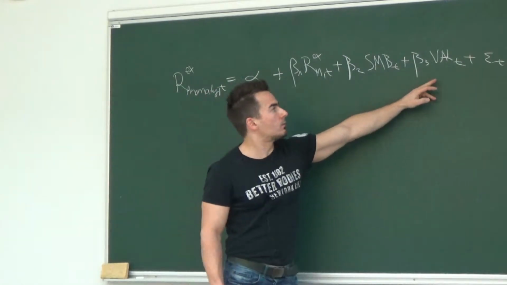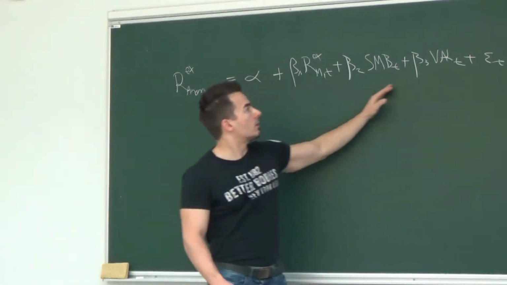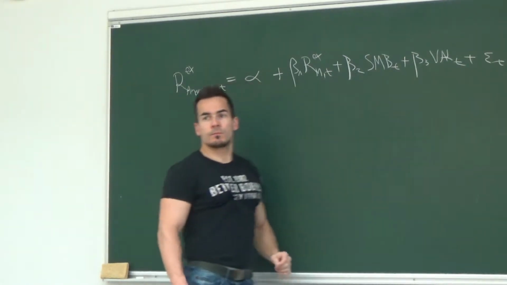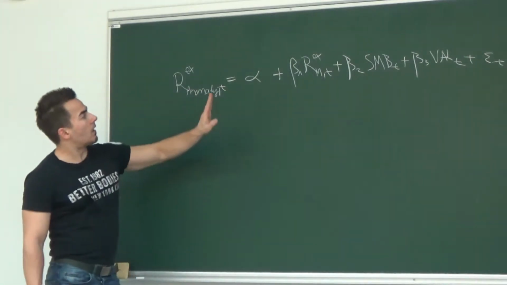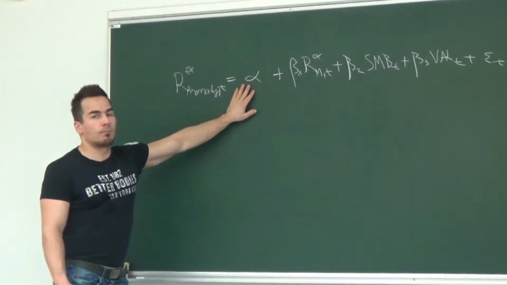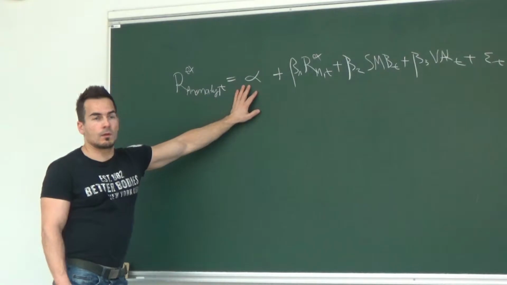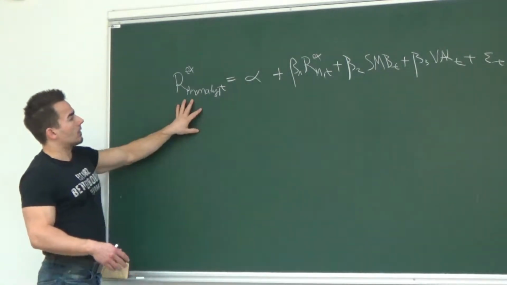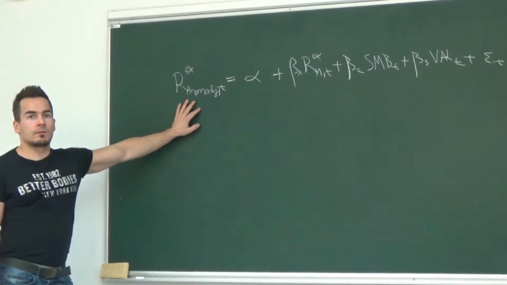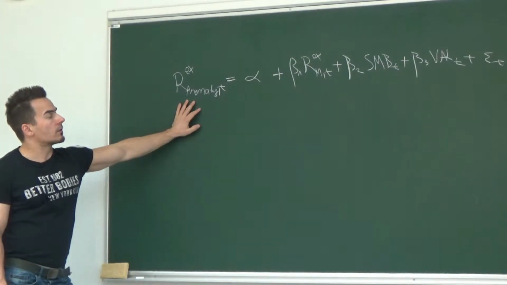And all these risk factors measure some sort of systematic risk. And whenever our intercept term is significantly positive, then we say that our strategy generates risk-adjusted excess returns.